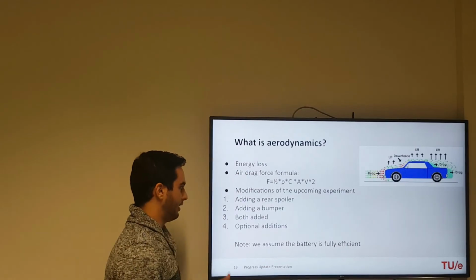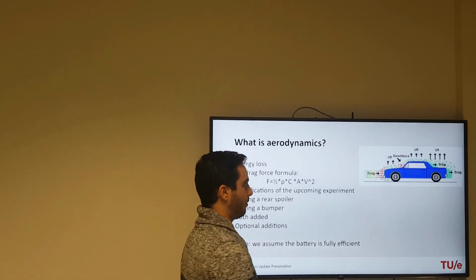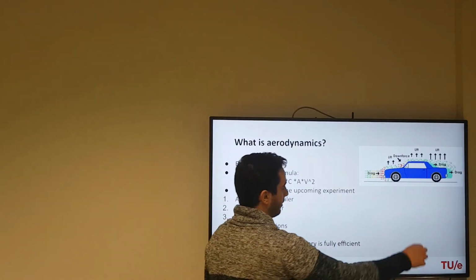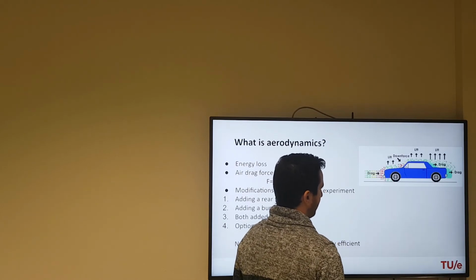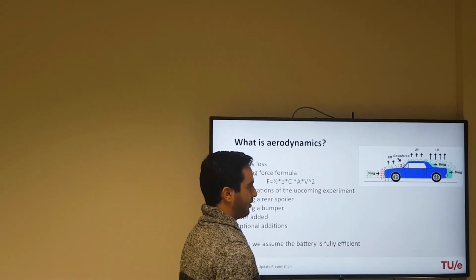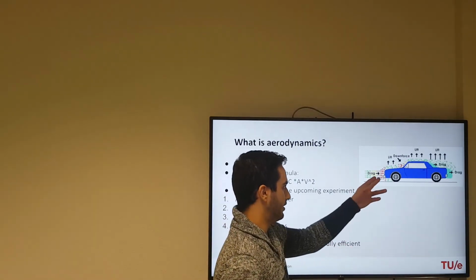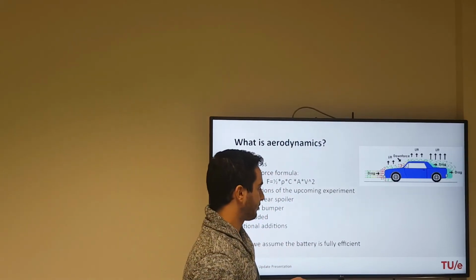And as a second, we're going to add a bumper, which is going to be placed in the front part of the car. The front part of the car is the part where the car experiences most of the aerodynamic force, as you can see here. Therefore, we would like to lower it as much as possible.